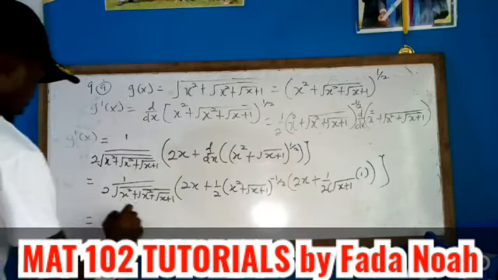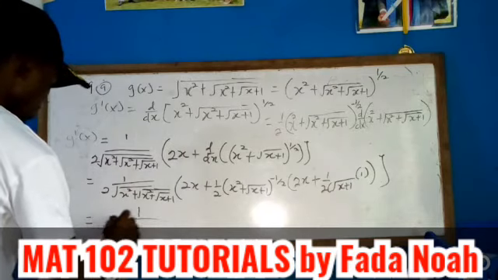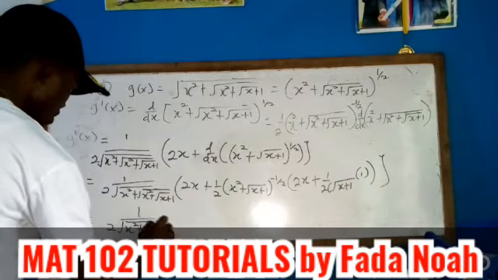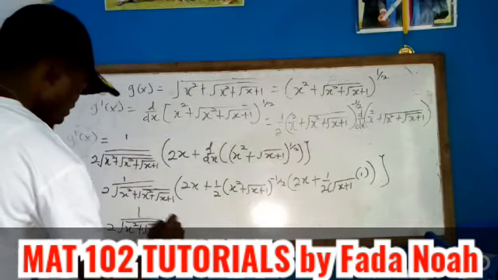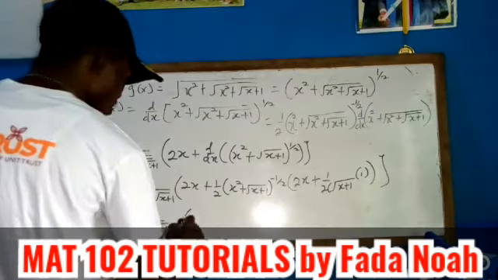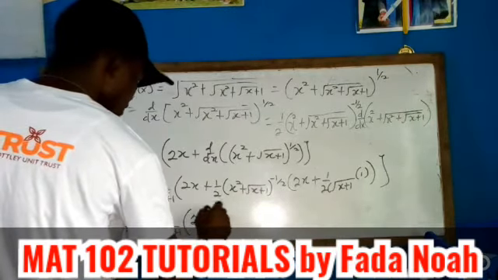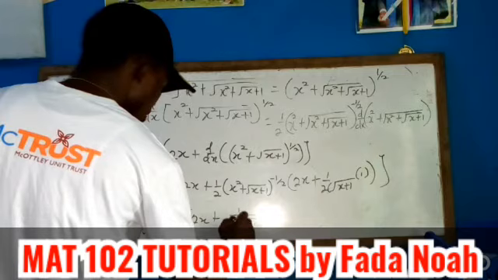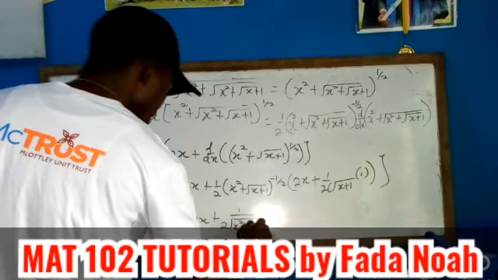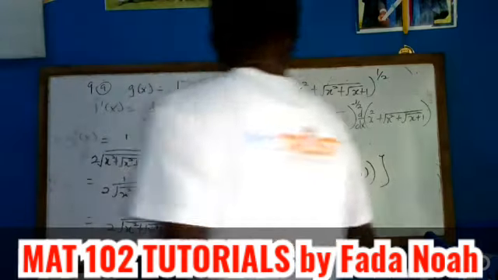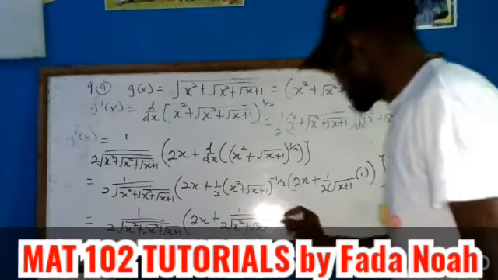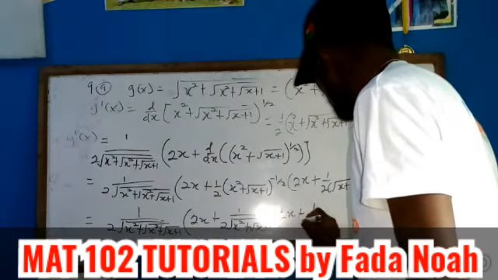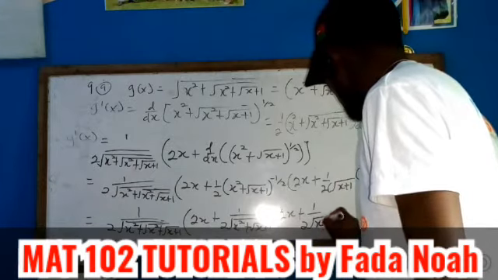So you can write 1 over 2 square root of x squared plus the square root of x squared plus the square root of x plus 1, multiplying 2x, plus 1 over 2 square root of x squared plus the square root of x plus 1, multiplying what is here, so times 2x plus 1 over 2 square root of x plus 1.